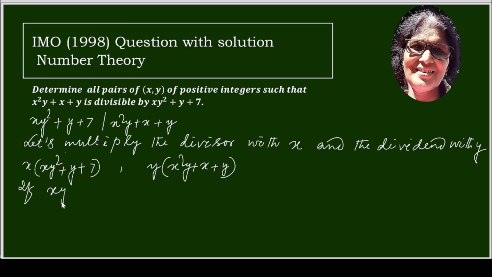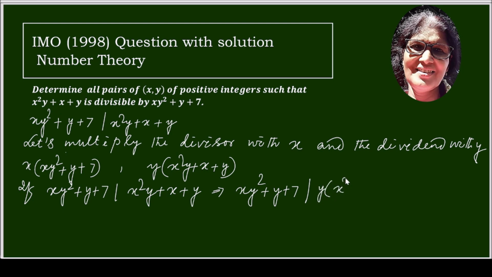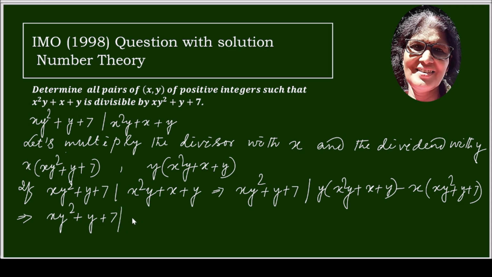If x y square plus y plus 7 divides x square y plus x plus y, it is equivalent to x y square plus y plus 7 divides y times x square y plus x plus y minus x times x y square plus y plus 7, or x y square plus y plus 7 divides x square y square plus x y plus y square minus x square y square minus x y minus 7x.